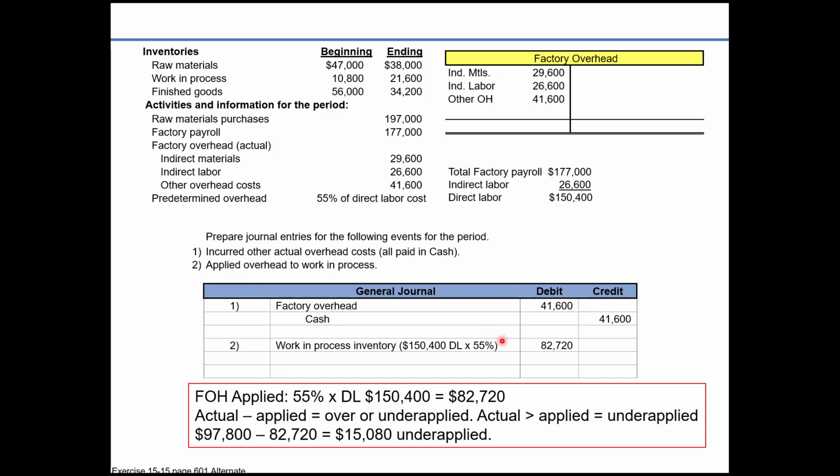So remember, that was 55% of direct labor, and the amount applied comes out on the credit side of factory overhead. And then you can see the balance again that shows that this account is under applied.